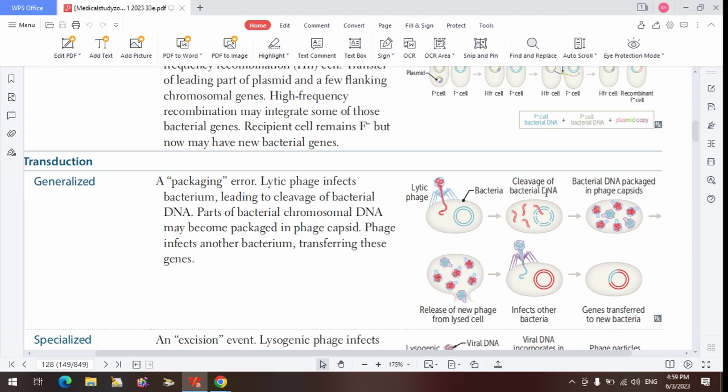Now, in the process of replicating DNA and forming the protein, it also replicates the DNA of that bacterial cell, converts it to mRNA, converts it to protein, and packages the protein alongside itself.